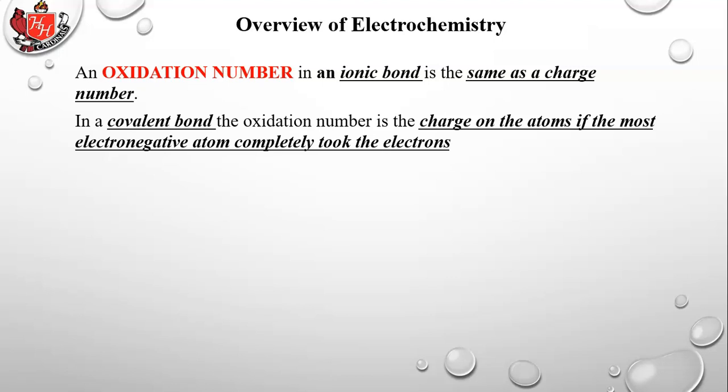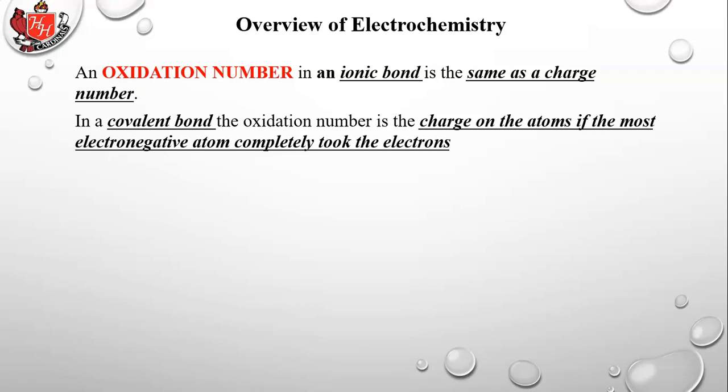Now, when assigning an oxidation number, we're going to assume that the more electronegative element, oxygen, does totally take the electrons away from hydrogen. That would give oxygen a 2- charge, and each of the hydrogen atoms a 1+ charge. So again, oxygen doesn't totally take the electrons away from hydrogen, but when you're assigning an oxidation number, you act as though it does.